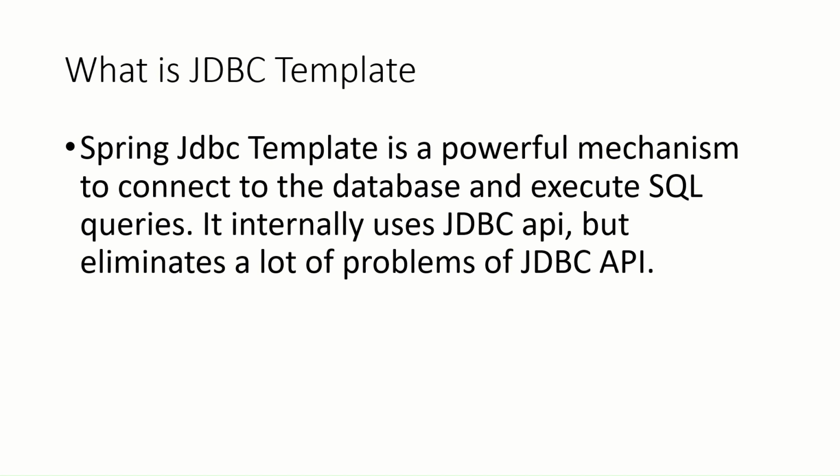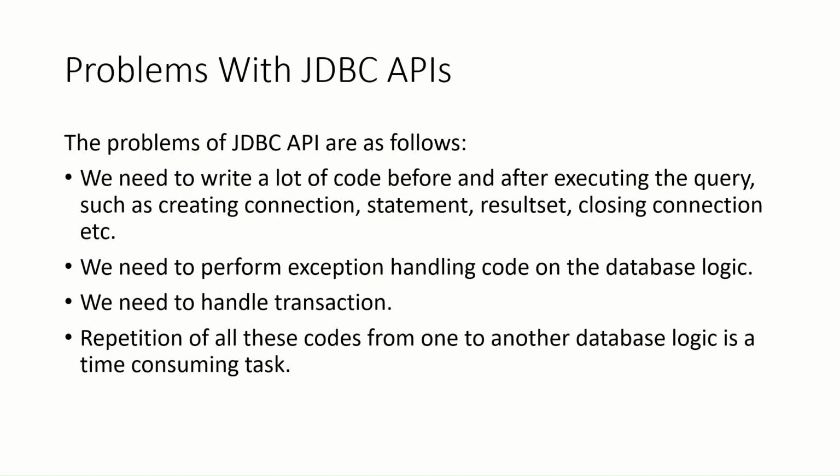So what are all the problems you will encounter when you are using the JDBC API? Let me try to show you. So the problems of JDBC APIs are as follows. We need to write a lot of code before and after executing the queries. So when you connect with the database through the JDBC APIs, you have to write the code for the connection.